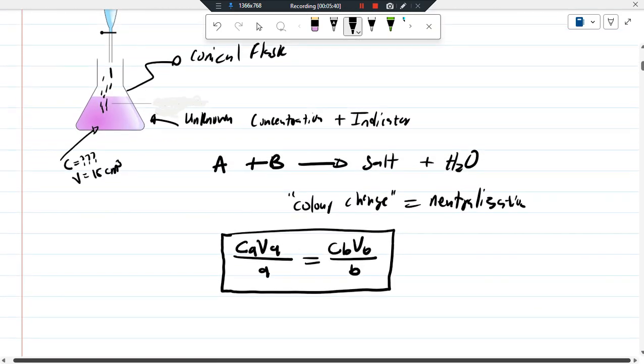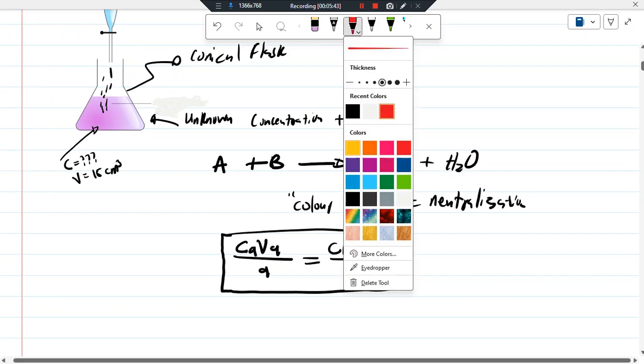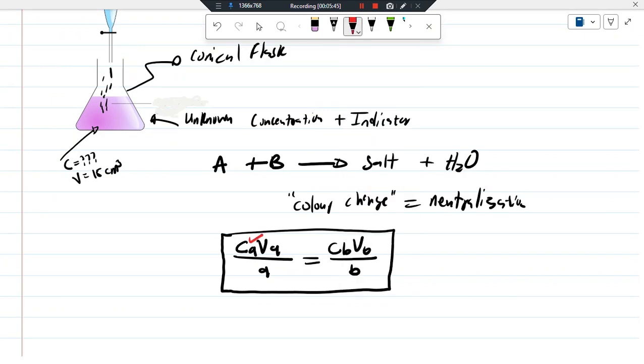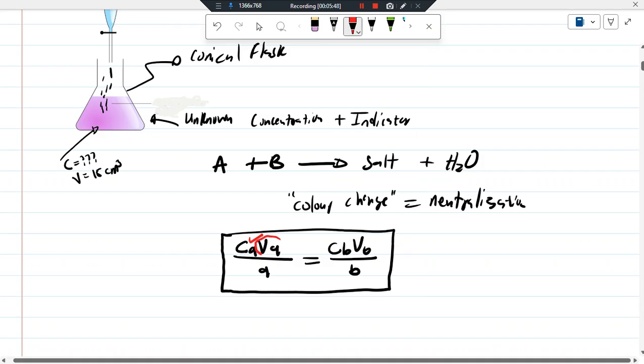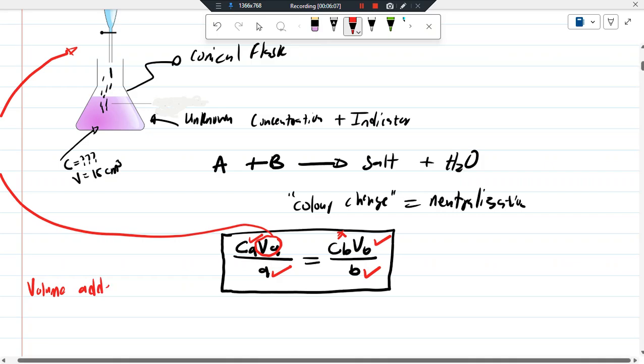So here you will have two things that you must find. You must find the volume added.